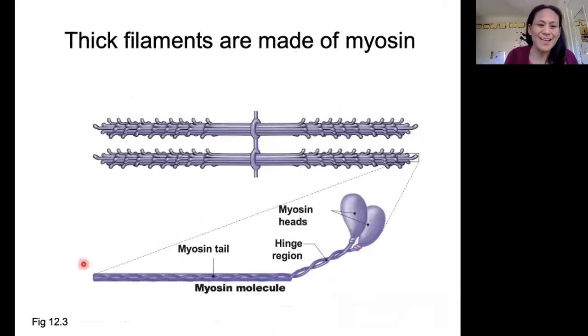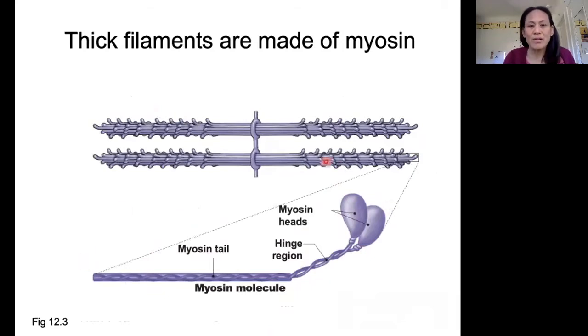Thick filaments are made up of this protein called myosin. A myosin molecule has a globular head with a hinge region and a stiff tail. And the myosin molecules wrap around each other. So two of them will wrap around each other as illustrated in this diagram.